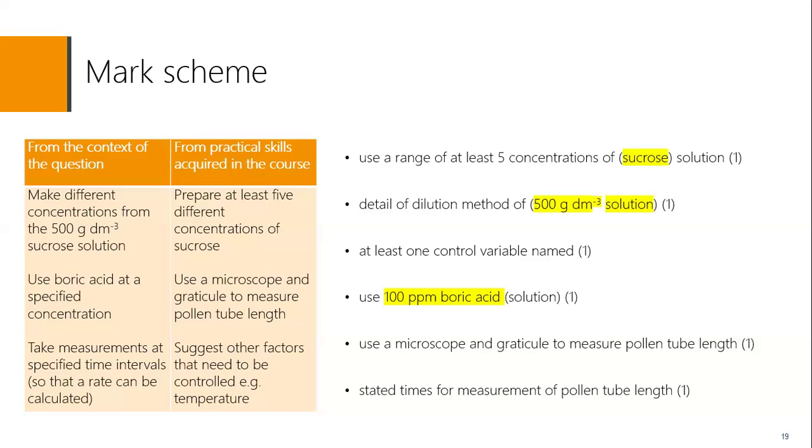They would not be required to state what apparatus they used to measure out the sucrose solutions or the boric acid. Standard lab equipment that you would use in anything doesn't need to be specified, but anything that is specific to this investigation does need to be specified.